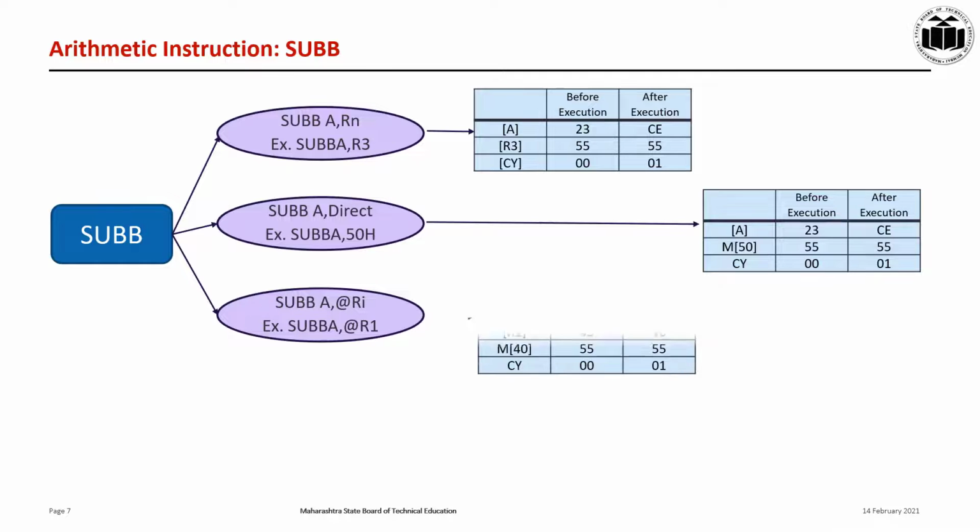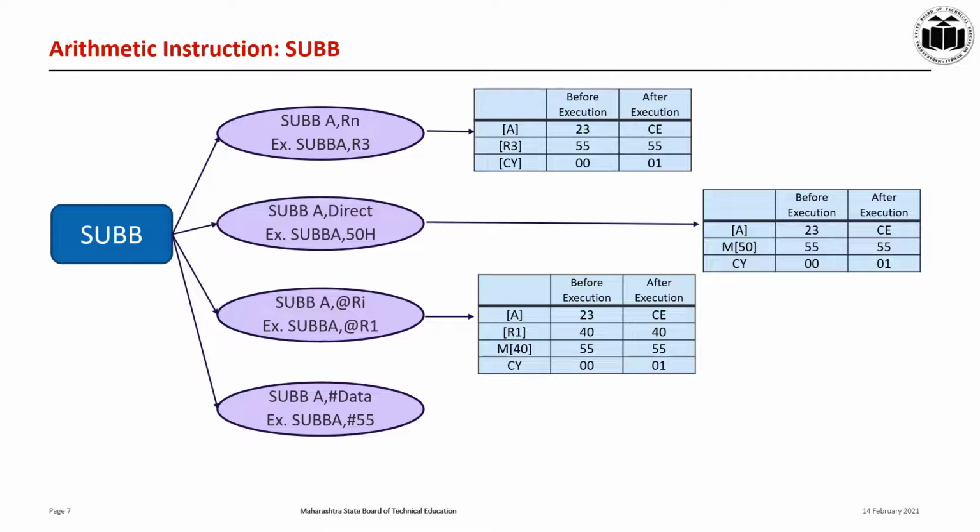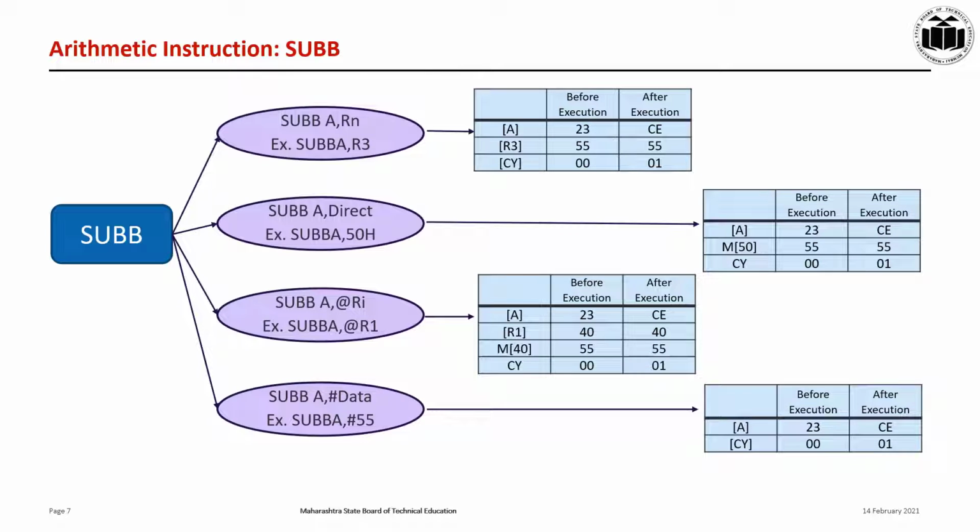This instruction subtracts the content of internal memory location pointed by Ri and content of carry flag from accumulator and stores the result in accumulator. SUBB A, #data. This instruction subtracts immediate 8-bit data given in the instruction and the content of carry flag from accumulator and stores the result in accumulator.